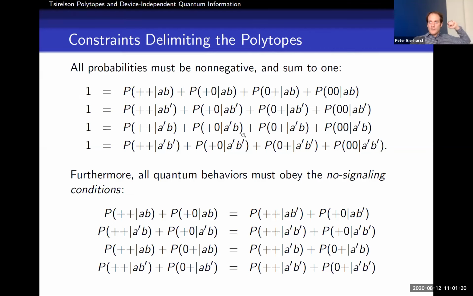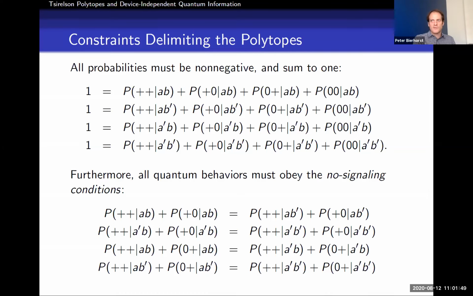So these conditions express that idea that we're talking about separated Alice and separated Bob, and that Alice's measurement setting should not affect Bob's outcome, his click probability. Because we imagine them separated at great distance, if this were not true, Alice could send signals to Bob by changing her measurement setting.